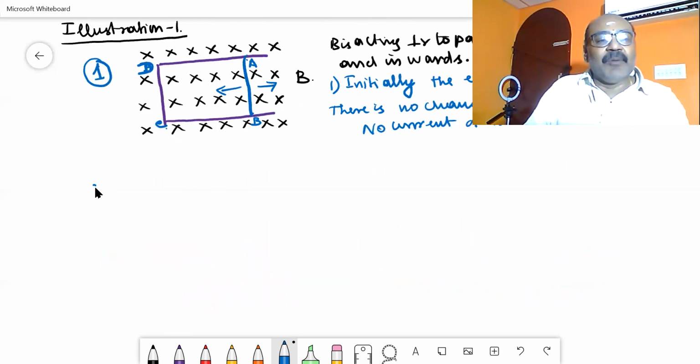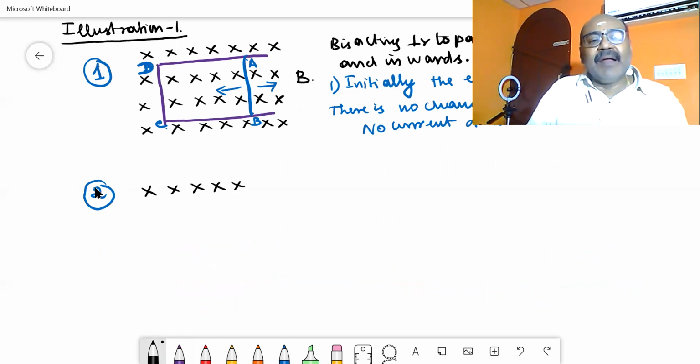See, the point number 2 is, again, I am considering that uniform magnetic field which is acting perpendicular to the paper and inwards, which is represented by drawing crosses.